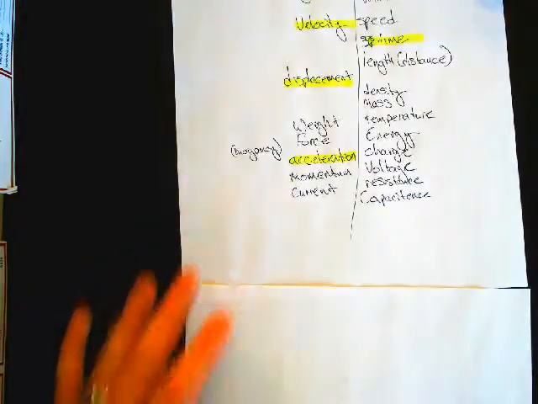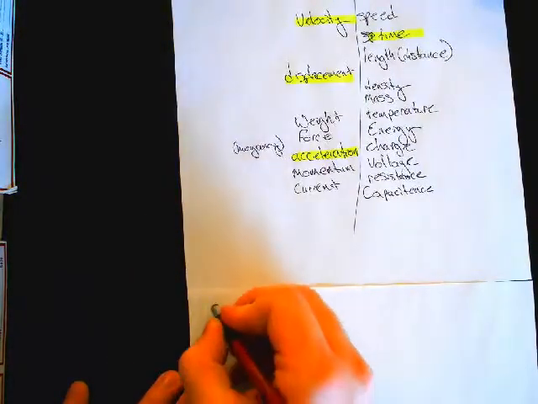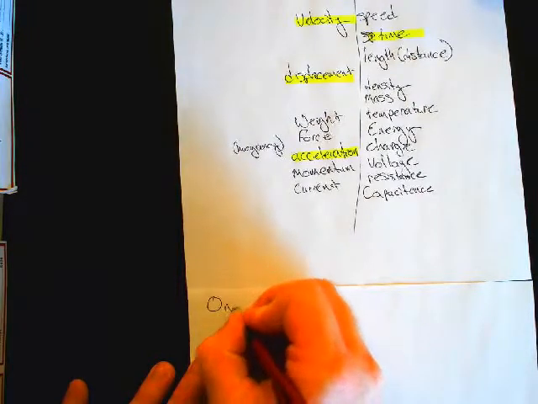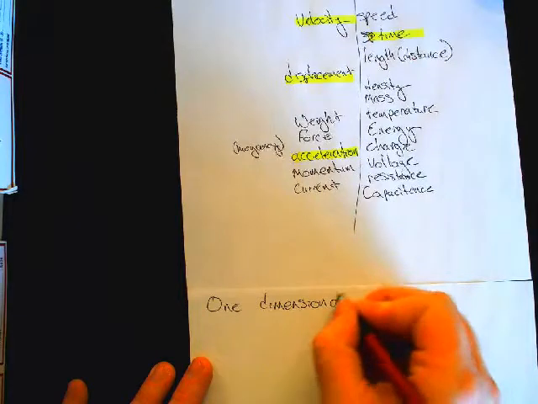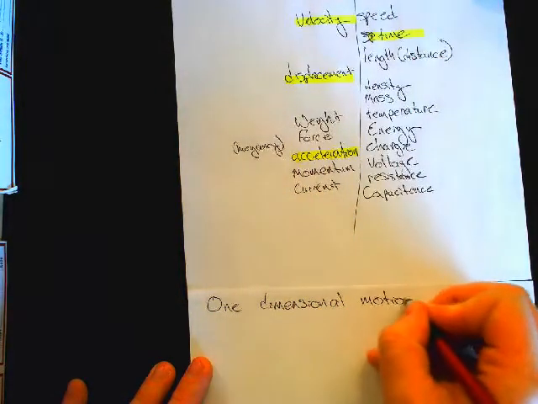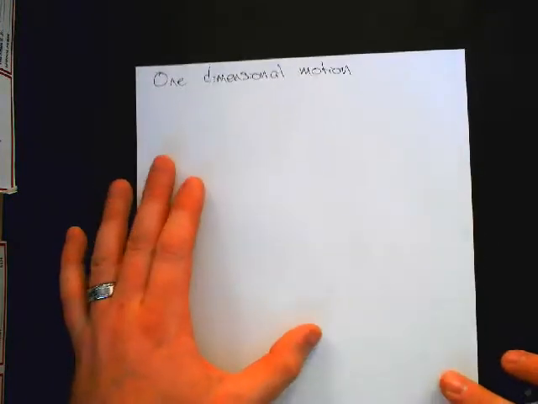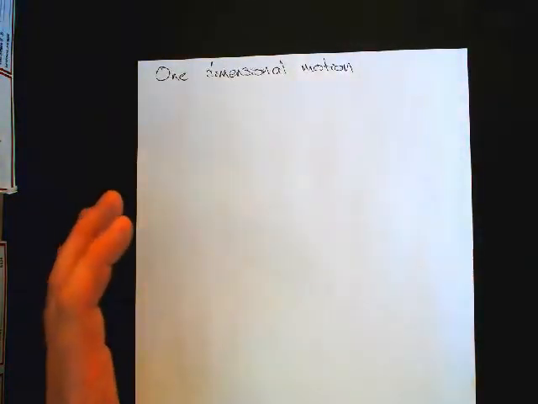So this brings us to one-dimensional motion. Okay. Talking one-dimensional motion, we're just going to give a quick definition for the variables we just highlighted.